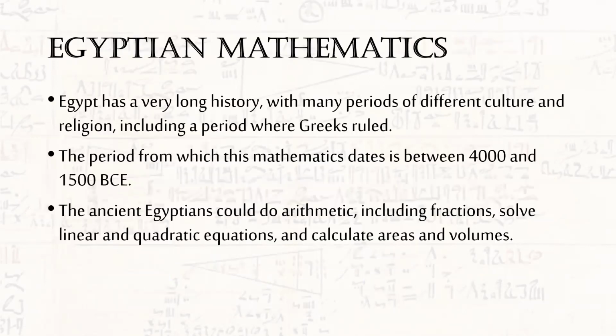There are all kinds of periods of kings and political unrest, which is not the topic of this class, but the math we're going to look at was in use in some form between 4000 and 1500 BC. And remember also that things change during a period of time that long.